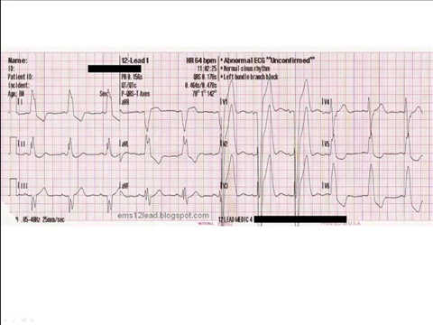Do we see widespread ST elevation that would be indicative of pericarditis? No. However, there is excessive amplitude displayed in V1, V2, V5, and V6. This would be indicative of left ventricular hypertrophy.